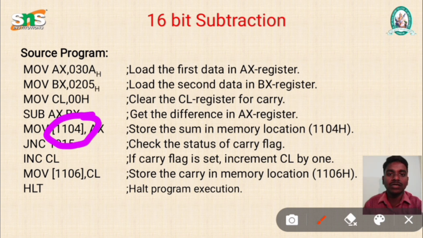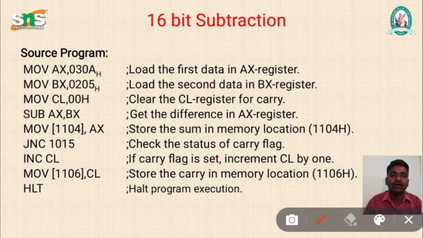So this is the output address we are taking, 1104. Suppose we take 2104, will it work or not? It will work, because here we are taking 1000 as the starting address, so we take 1104 as the output address here.